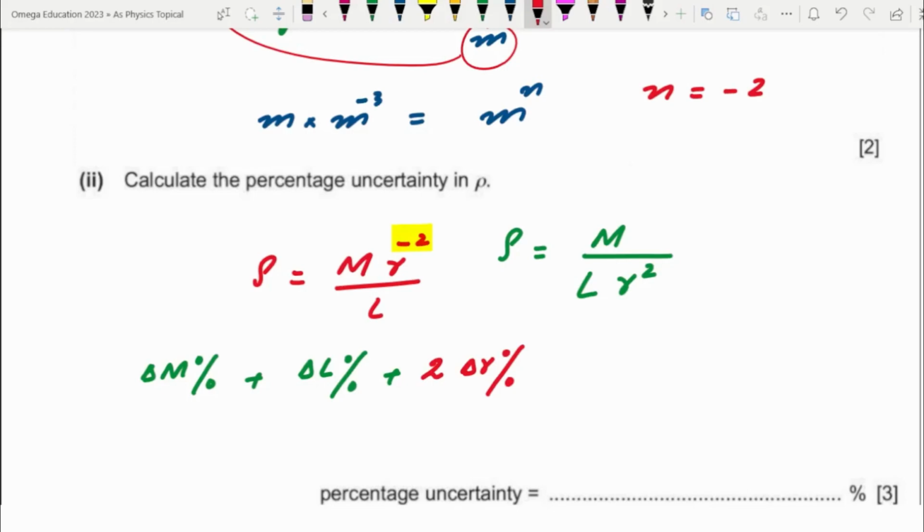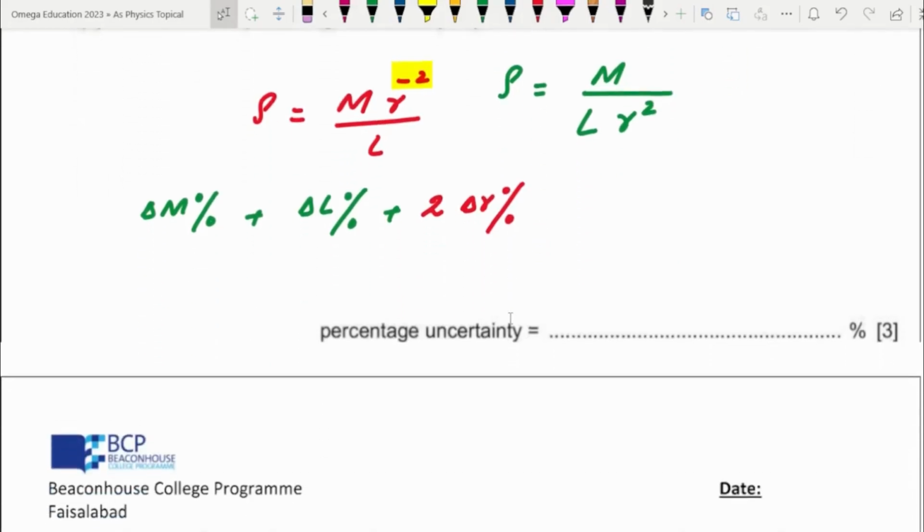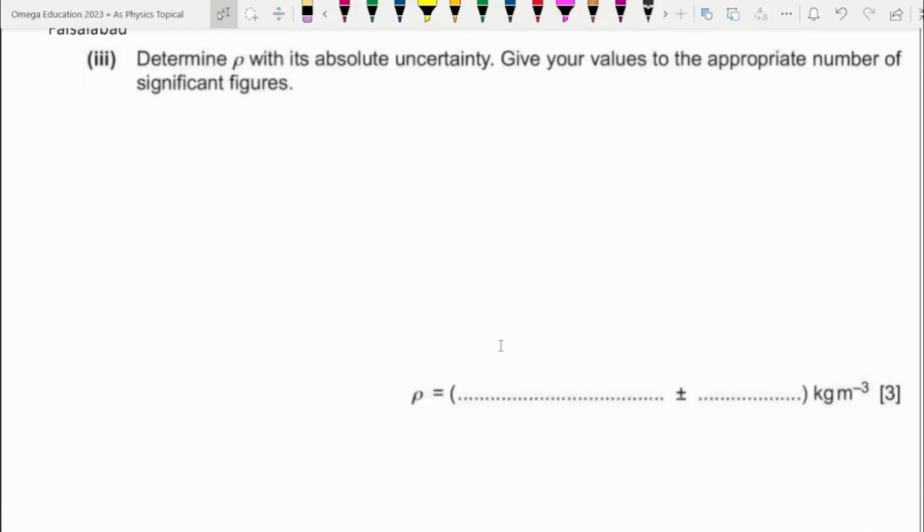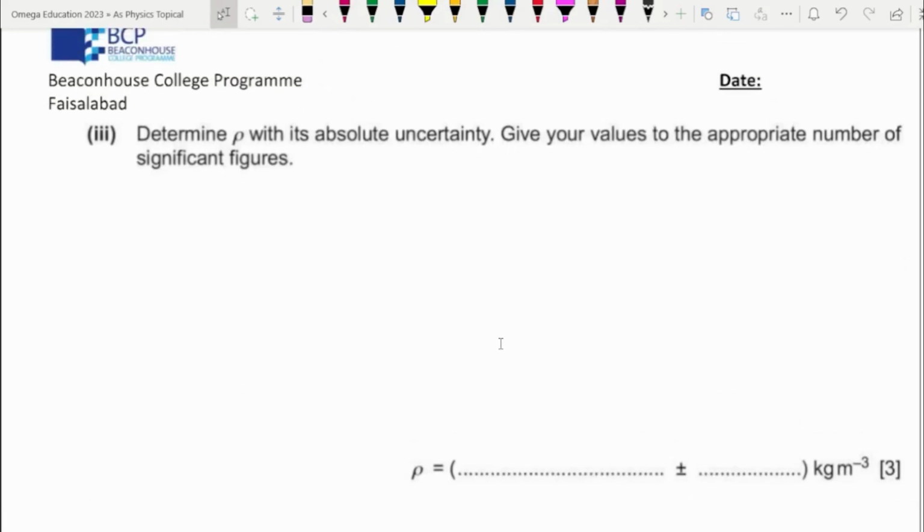So you'll be getting a total of 2% in one SF. Okay, like I said, if they haven't imposed any condition, you better be writing your answer to single significant figure. So you get 2 from here. Okay, and then for the last part, determine rho, whether it's absolute uncertainty, give your values to appropriate number of significant figures.